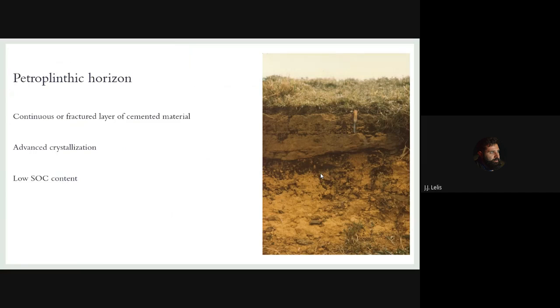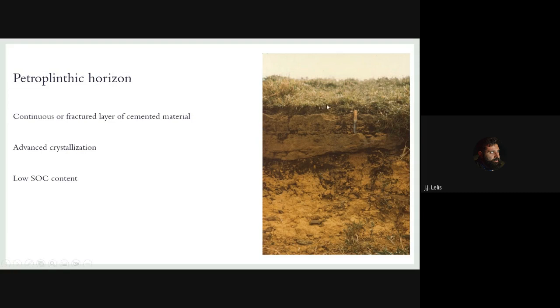But here in the petroplinthic horizon, we can't see voids anymore, or we only have a very small number of voids because all the material is cemented by iron and/or manganese. Okay?